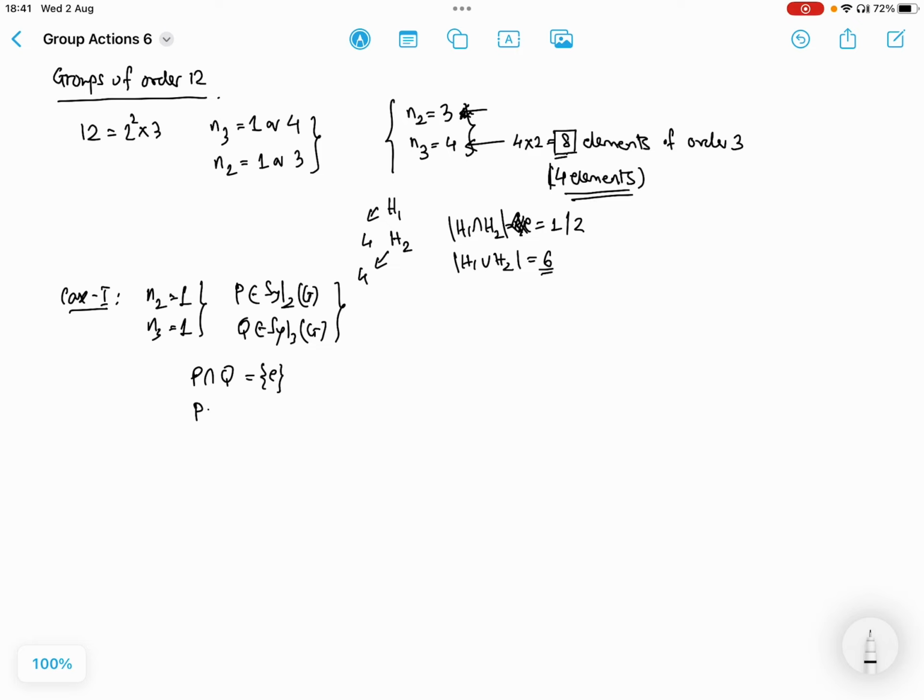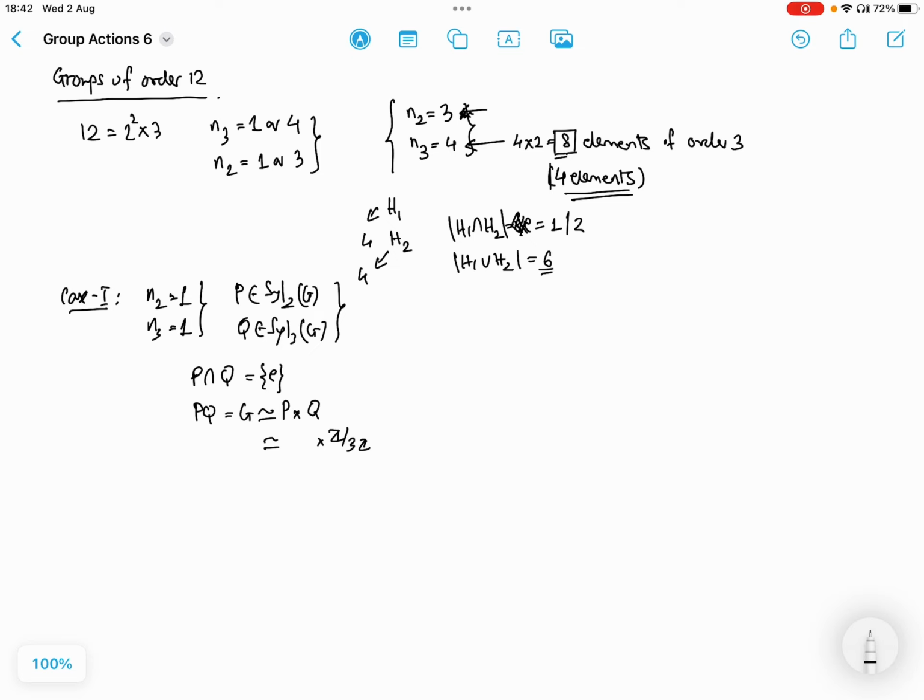So you get PQ equal to G, and that is isomorphic to the internal direct product of these two subgroups, right? That is clear. And now, because the order of Q is 3, there is only one group of order 3, because it is of prime order. So the only possibility is Z modulo 3Z. And for P, there are two possibilities, because it is a group of order 2 squared.